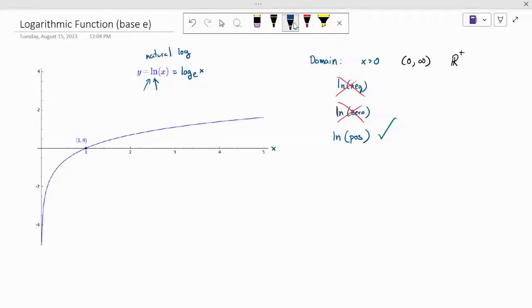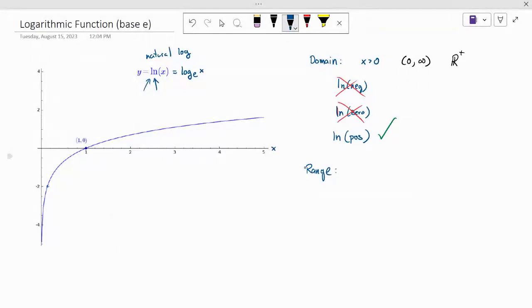So now, looking at the graph, what can we say about the range of the log function? The range is all real numbers.